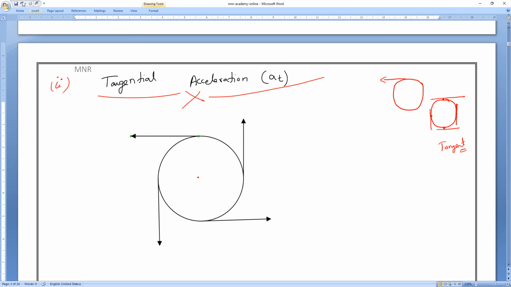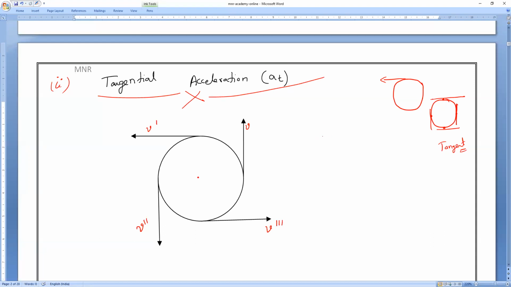See that by touching one point I'm drawing a tangent. Let me consider that at this place the speed is v, at this point the speed is v dash, at this point v double dash, and at this point v triple dash. Clear?